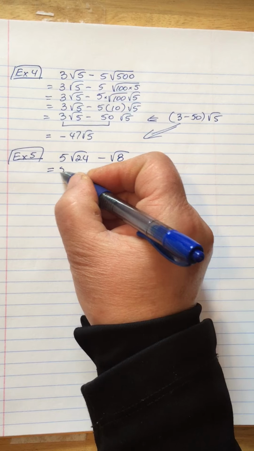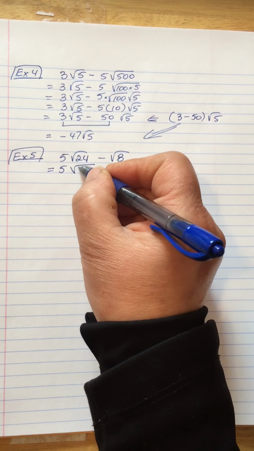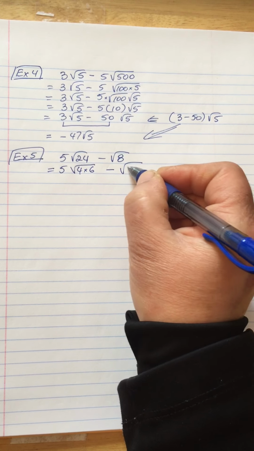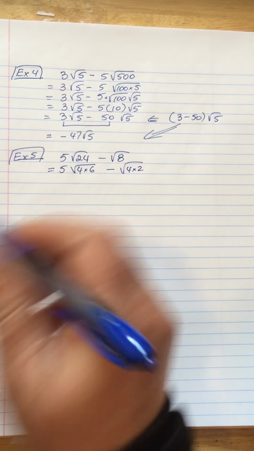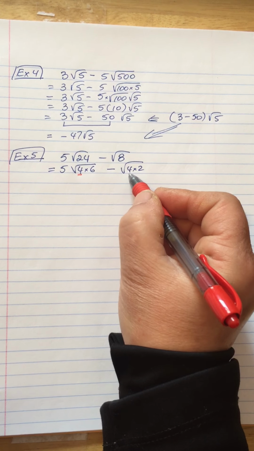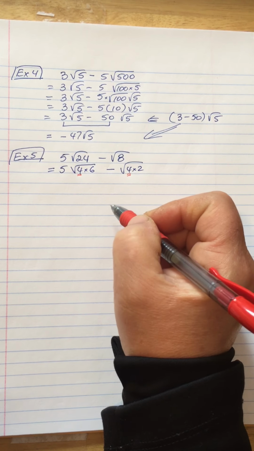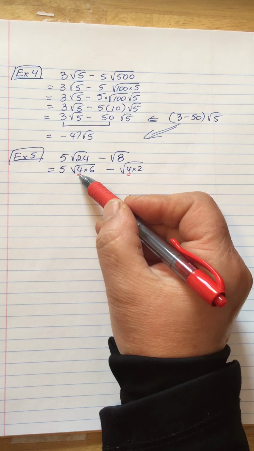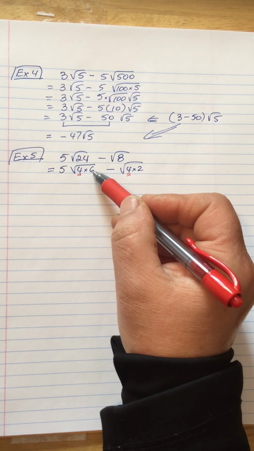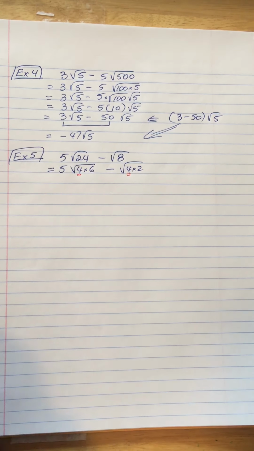So 24 is 4 times 6. And 8 is 4 times 2. Clearly, we see here that we cannot combine. We can only simplify. Why? Because 4 is a perfect square number. We can send it out, but 6 and 2 will be left inside.